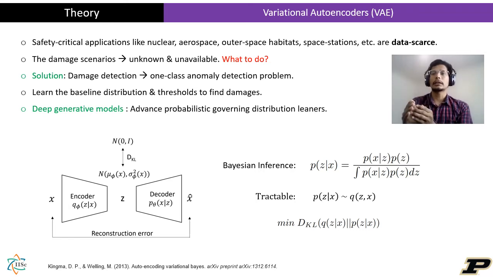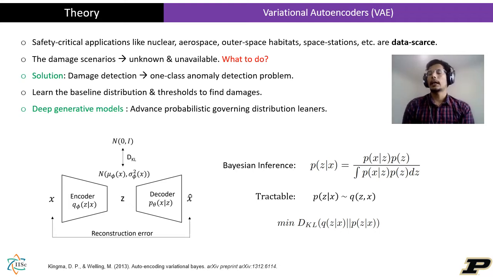To learn the one class anomaly detection problem, deep generative models have shown much more effectiveness in computer science for learning one class anomaly detectors. In deep generative models, two prominent techniques are there, GANs as well as variational autoencoders. We will be talking about only variational autoencoders here, and GANs will be a part of our future work.